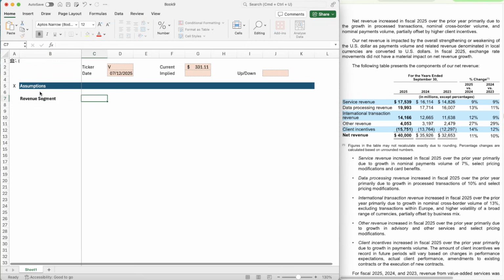Revenue segment, bold that. Which is bear, base, bull. The first segment is service. Then data processing, international transaction, other, client incentives.